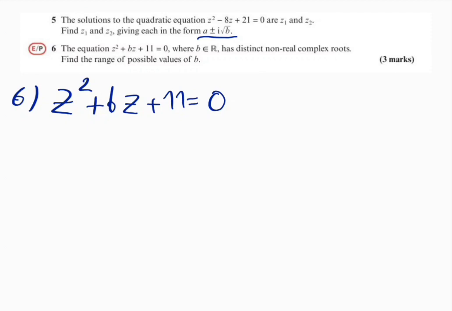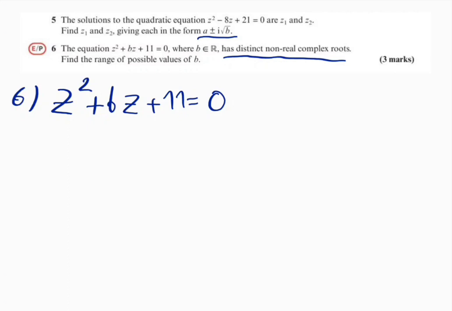Since this is a quadratic equation and it can have two roots, when it says it has distinct non-real complex roots, it is simply stating that it has two complex roots which are different.